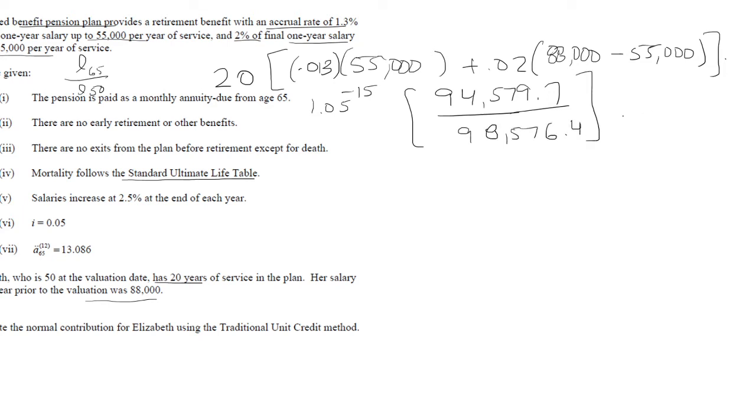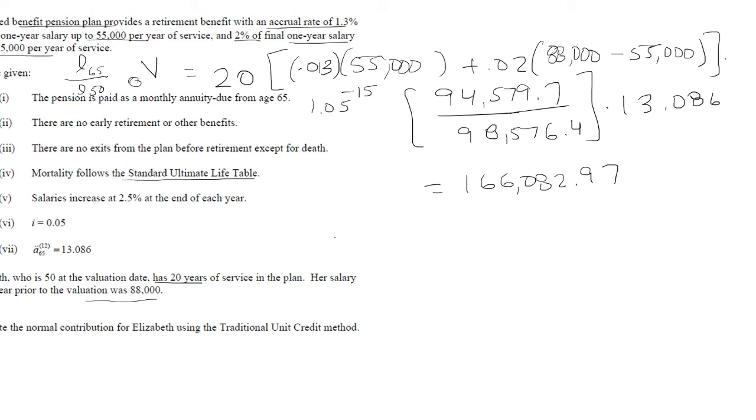Then we want to multiply it by the annuity due. And when we do this, we get 166,082.97. Okay. So this is the actuarial liability when t is 0.